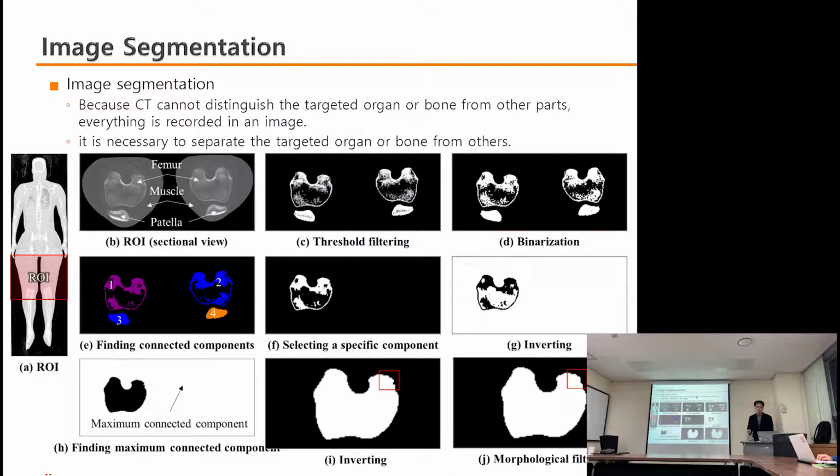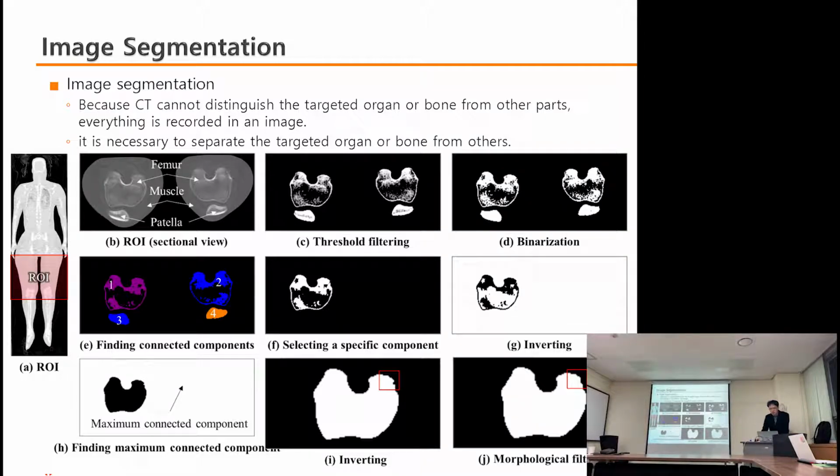So in this image, I extracted the pixels having a value larger than 100. Then we can obtain this kind of image. But the pixel values range from 100 to 1000, 2000. So I converted the background into 0 and the other parts into 255. So this image has only 2 values. This is called binarization.